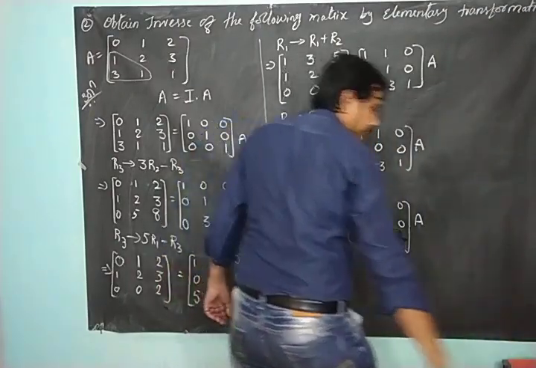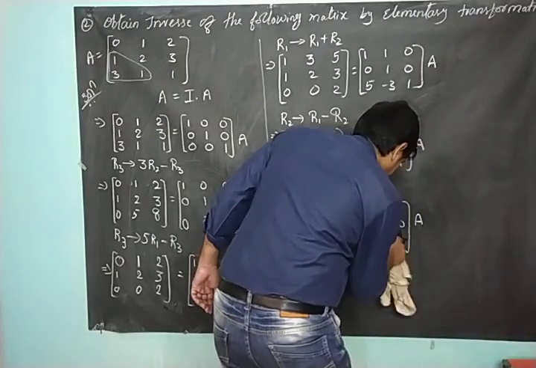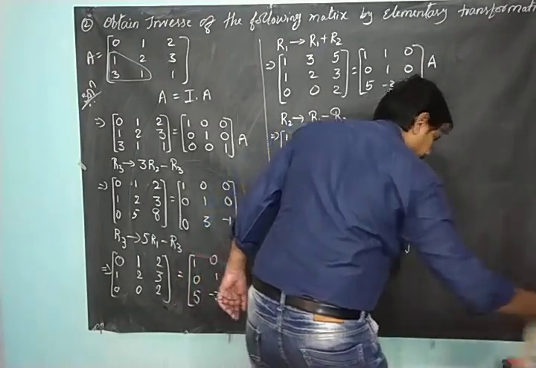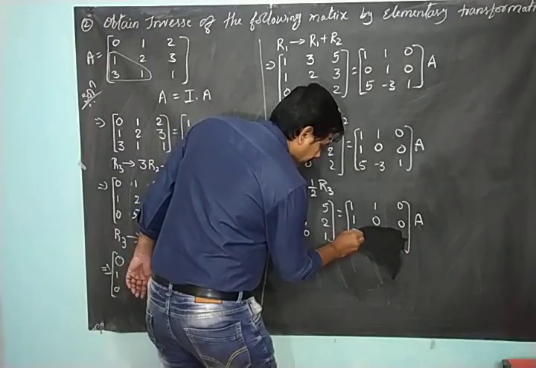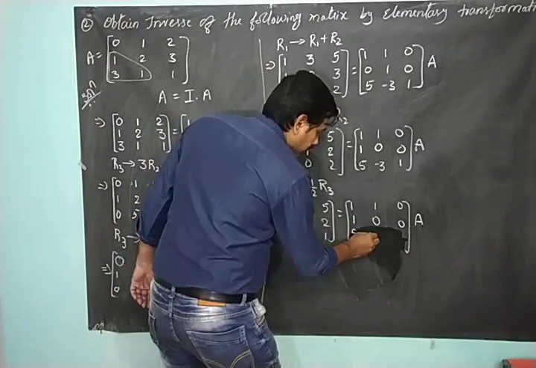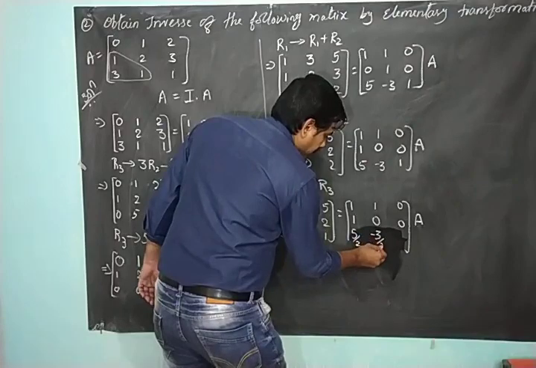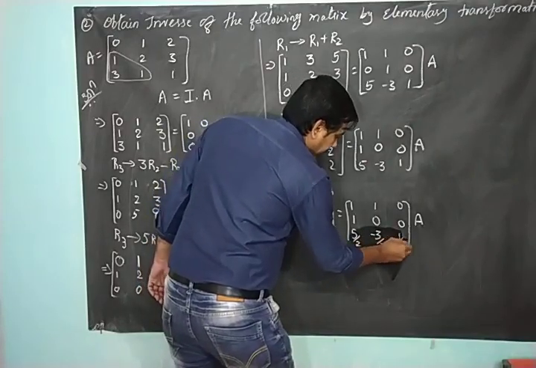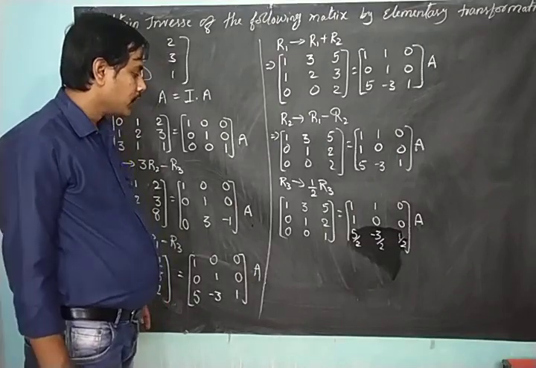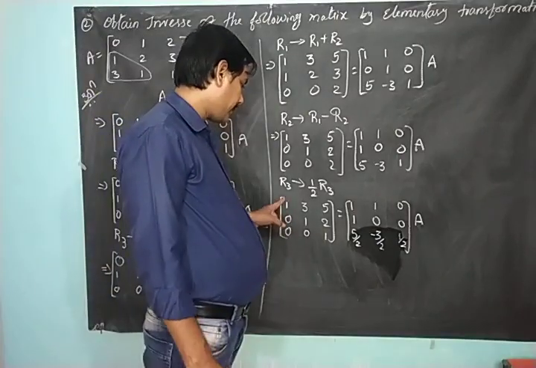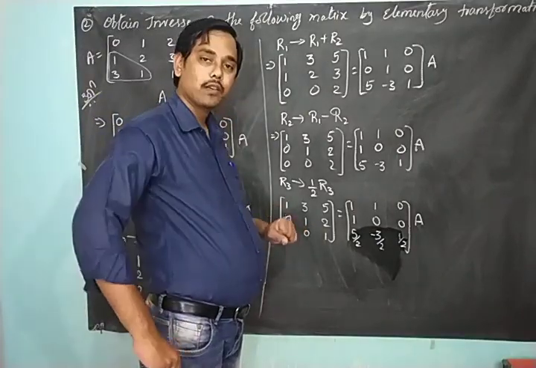This will be 5 into 1 upon 2 is 5 by 2. Minus 3 into 1 upon 2 is minus 3 by 2. This is 1 by 2. Right? This is what we get here. So we got this entire thing as 0 and this entire thing as 1.